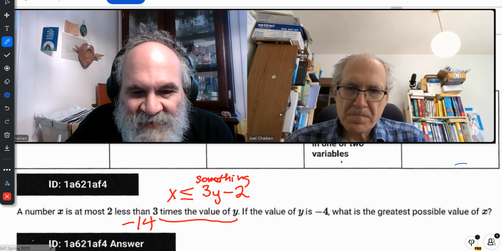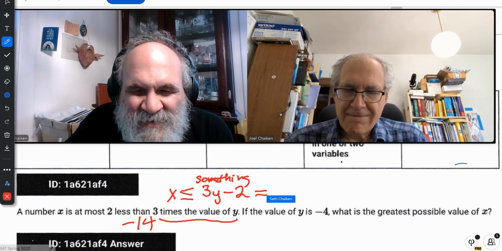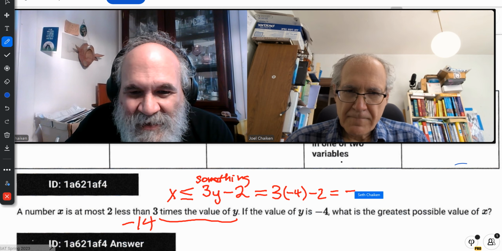Now they tell you the value of y equals -4. So we evaluate this right-hand side by substituting -4 for y and do the arithmetic carefully with the signs.